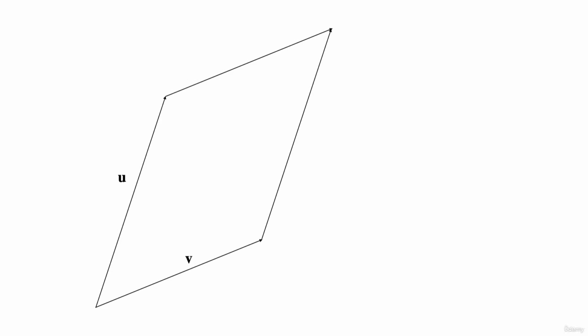We can add those two vectors by the parallelogram rule, and in this way you get u plus v. And u plus v is the very first and probably one of the simplest examples of the linear combination of vectors u and v. Simply their sum is our first example of a linear combination.